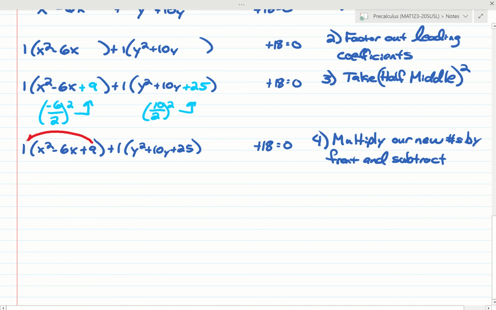Okay, so that means 9 times 1 is 9. That's what we added, so let's subtract it to balance it out. 25 times 1 is 25, so let's subtract it to balance it out.